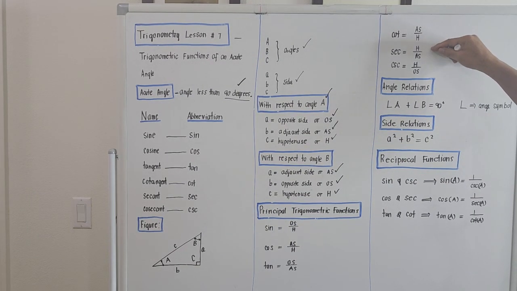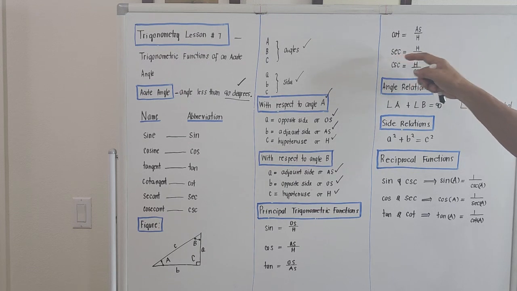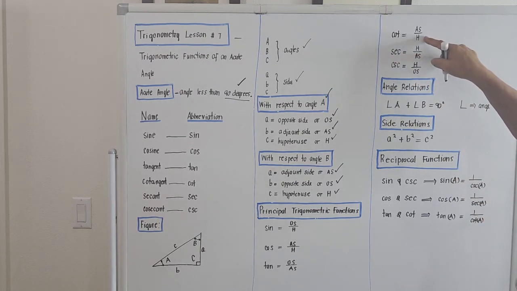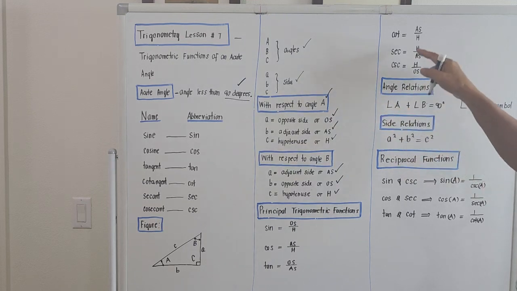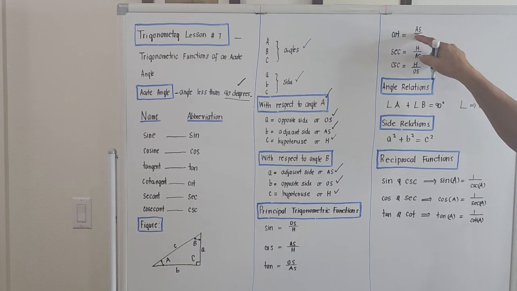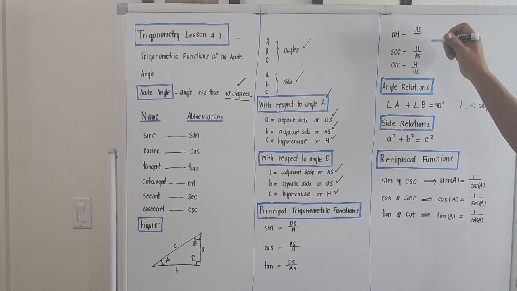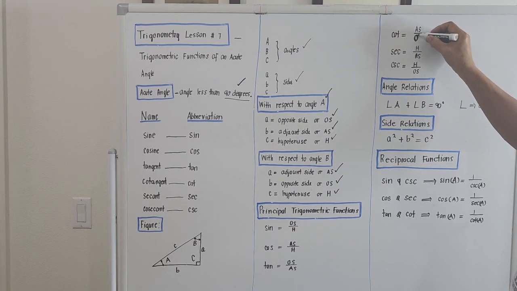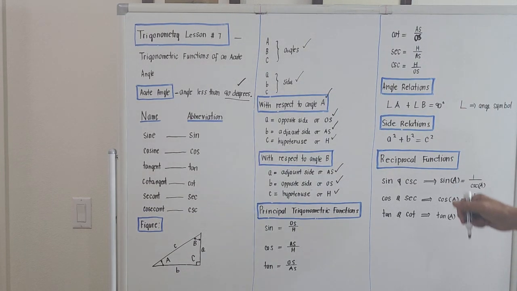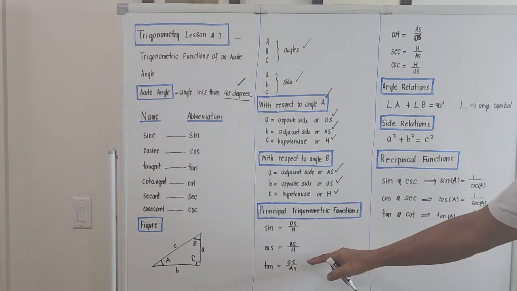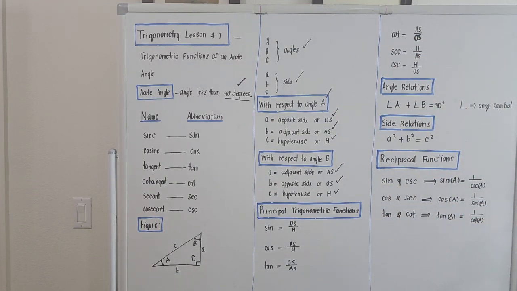Sorry for this one. Cotangent function will be adjacent over opposite side, because cotangent is the reverse of tangent.